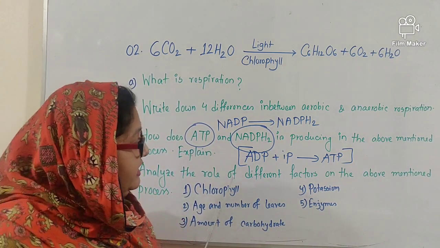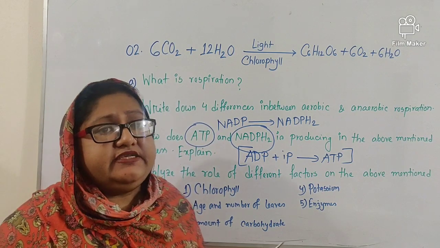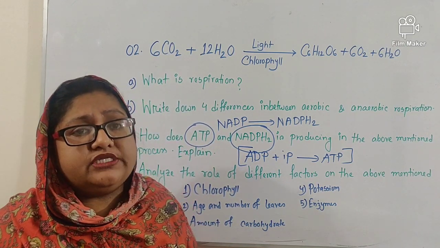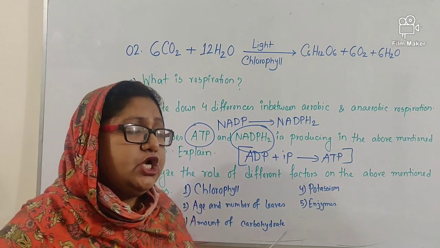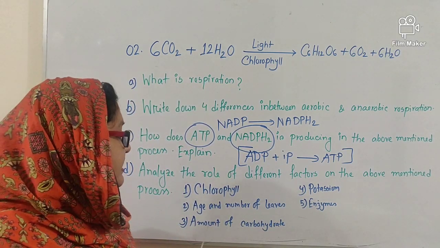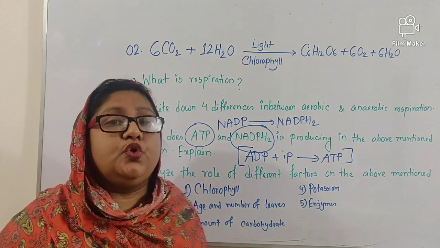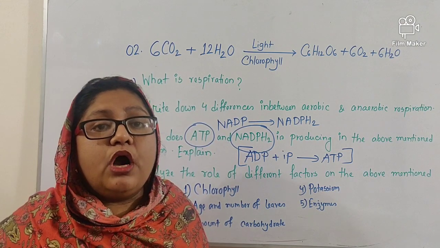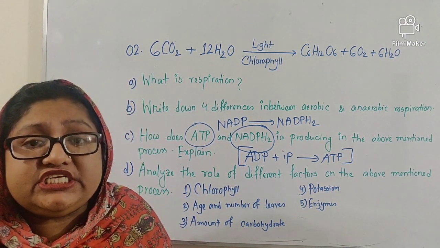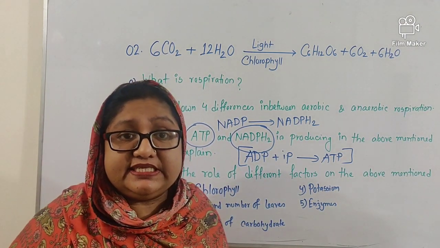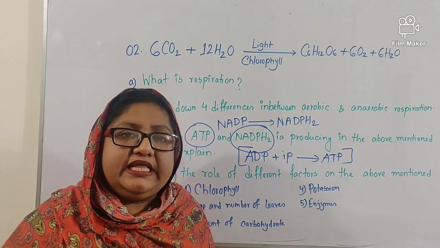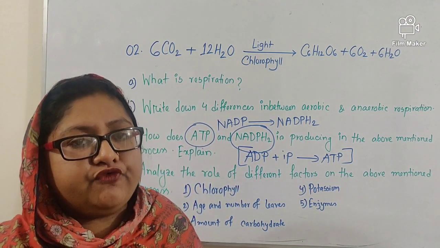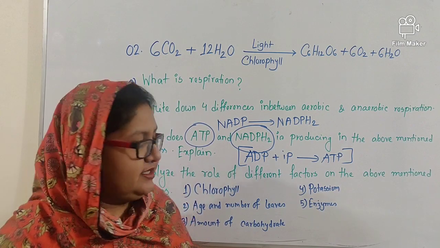In young leaves or aged leaves, the rate of photosynthesis is low. Now in which types of leaf is the rate of photosynthesis highest? In mature leaves, the rate of photosynthesis will be highest.